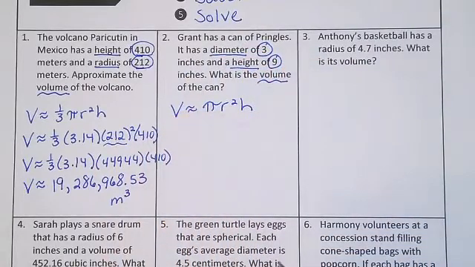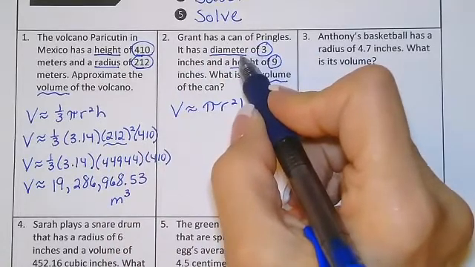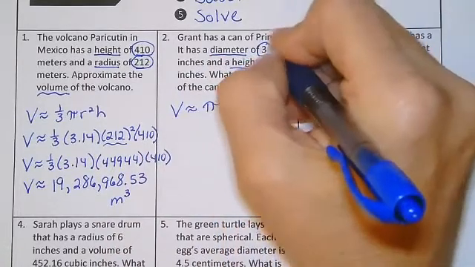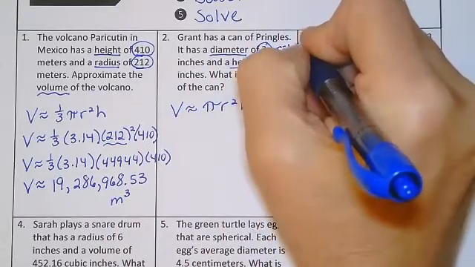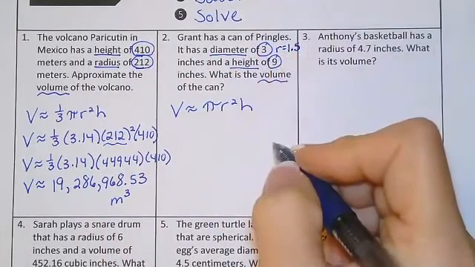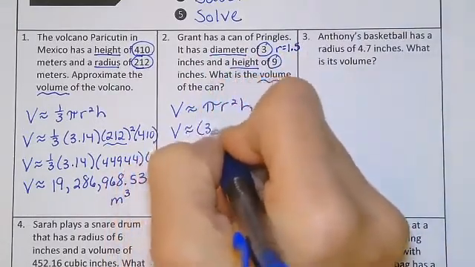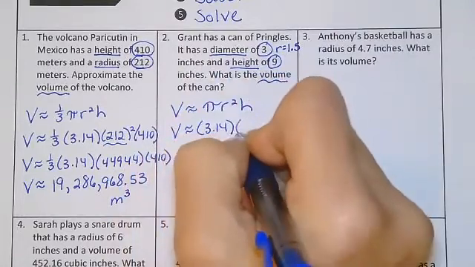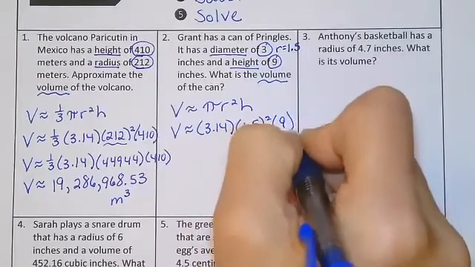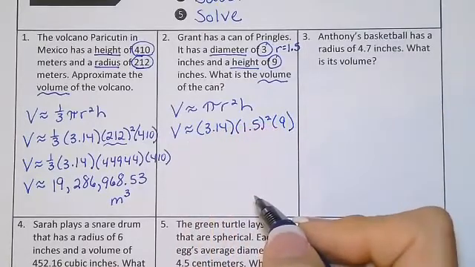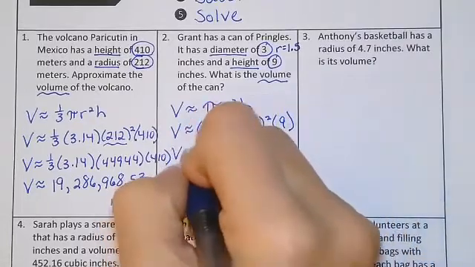Now we're ready to substitute. So diameter of 3, we need the radius. So if the diameter is 3, then the radius is half, 1.5. Now let's substitute. Okay, so we're going to find 1.5 squared.